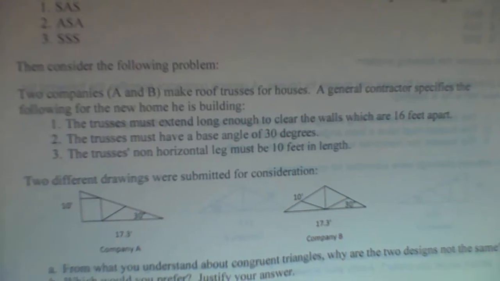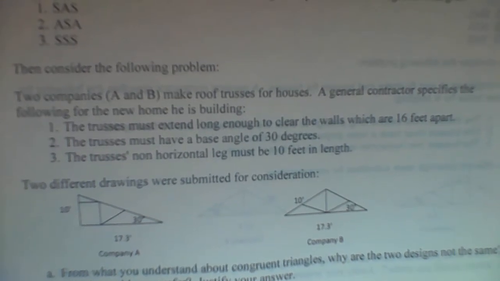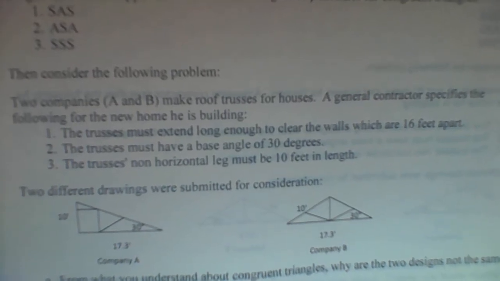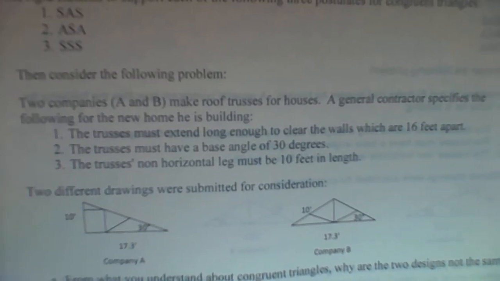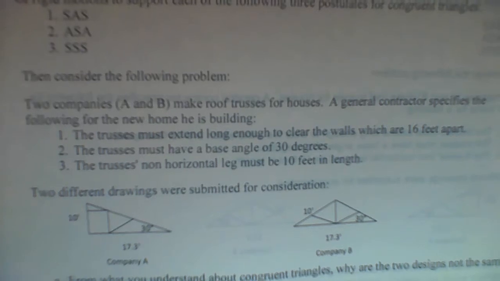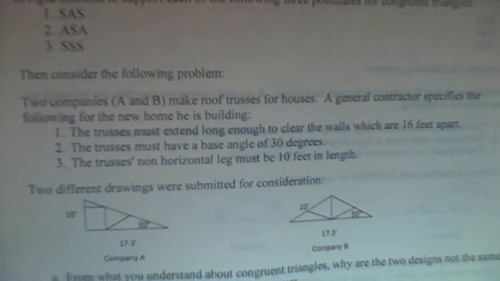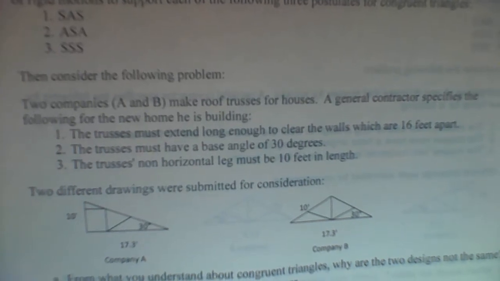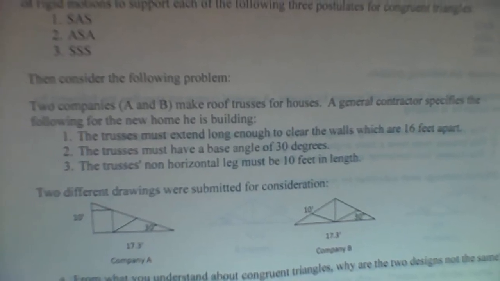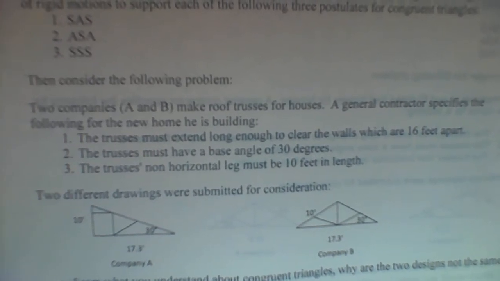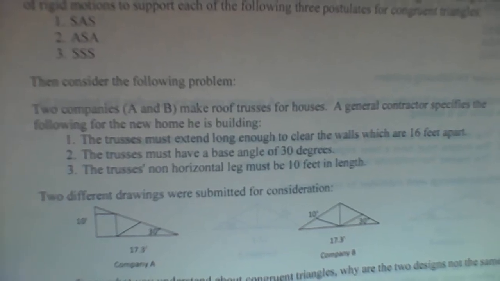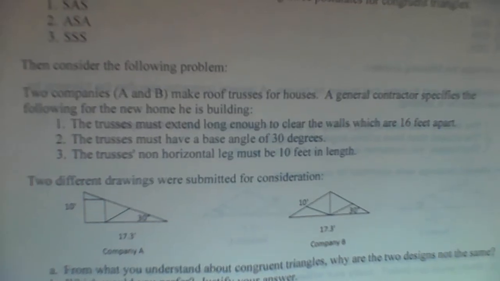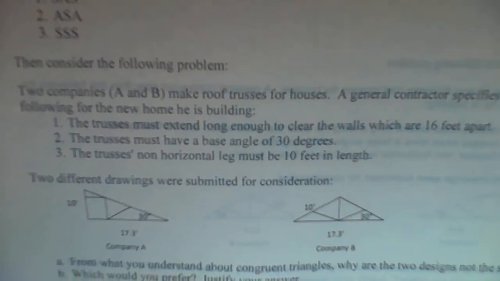2 companies, A and B, make roof trusses for houses. A general contractor specifies the following for the new home he is building. The trusses must extend long enough to clear the walls, which are 16 feet apart. The trusses must have a base angle of 30 degrees. The truss's non-horizontal leg must be 10 feet in length. 2 different drawings, shown here, were submitted for consideration.